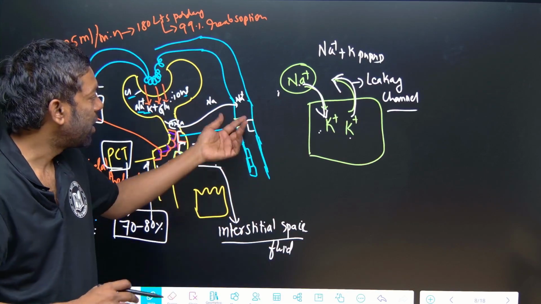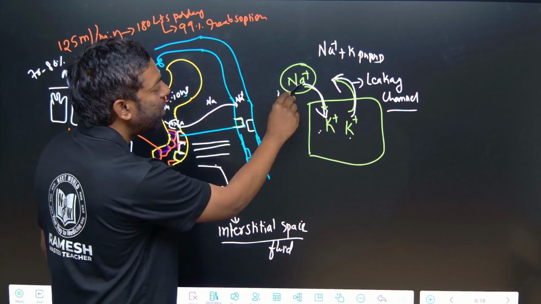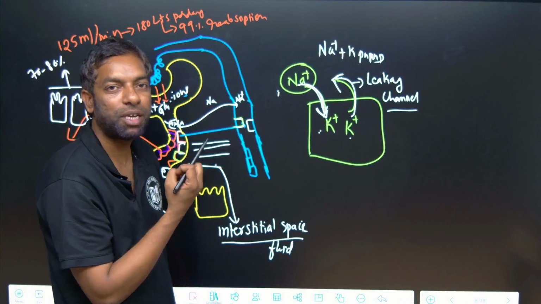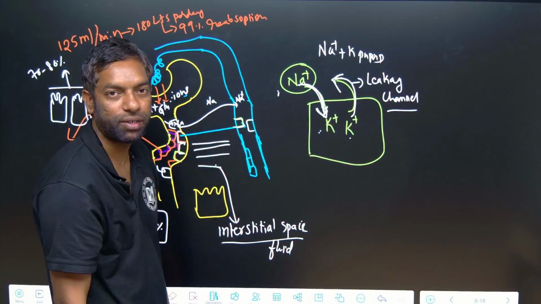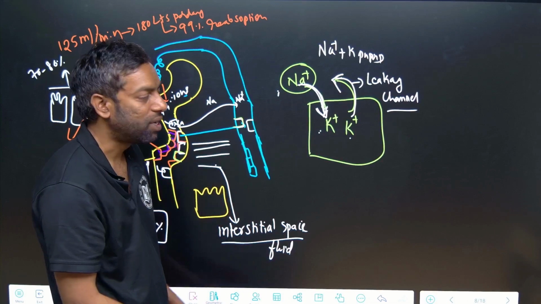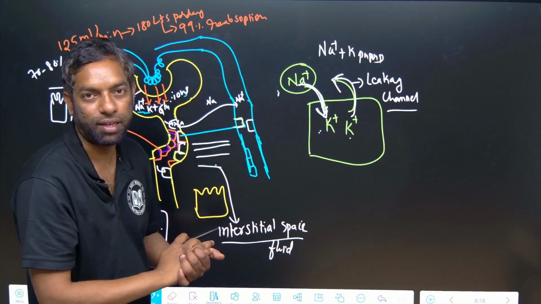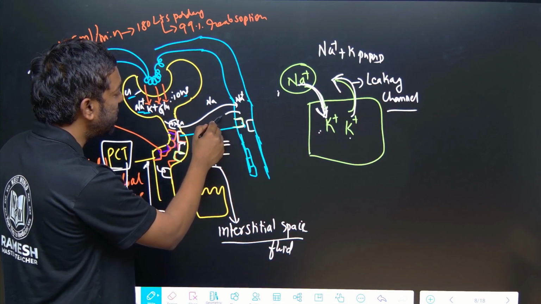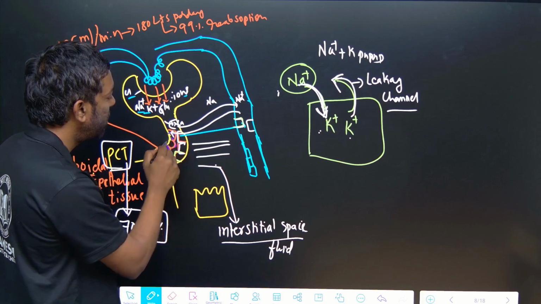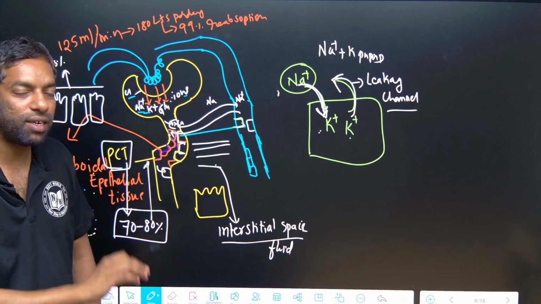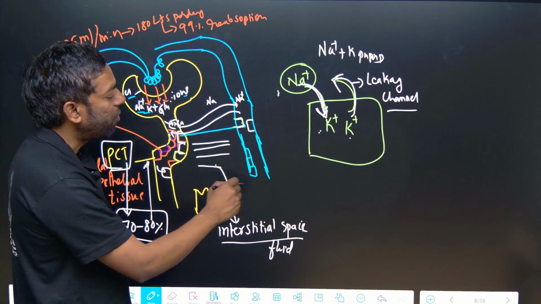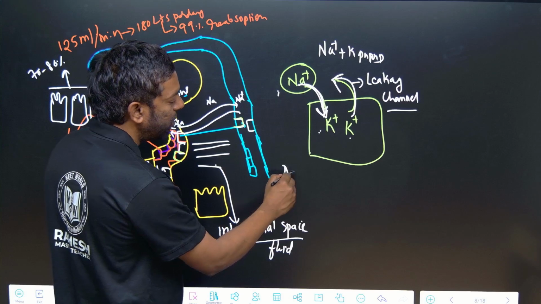Sodium always enters the cell, and in the same way potassium exits into the lumen. This transport we call active transport.